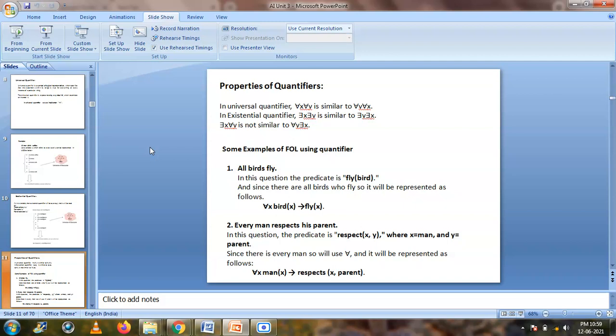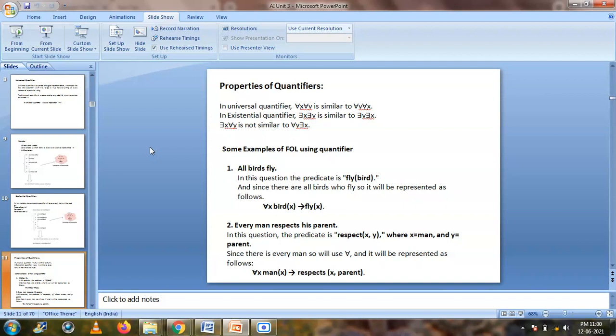So if the quantifier type is the same, the order of x and y can be changed; it's not a big trouble. But if the quantifiers are different, then swapping them is not similar to the original. That is called the property of quantifiers.